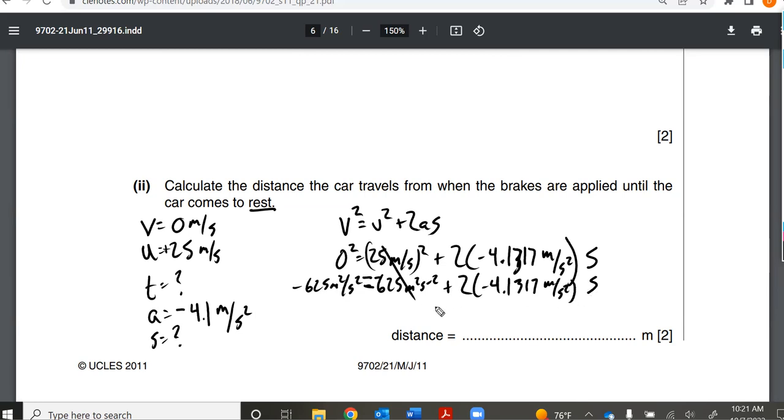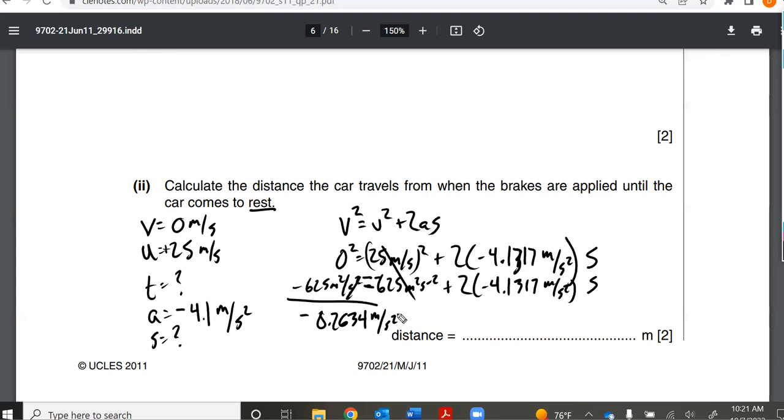Now I'm going to divide each side by this negative 8.2634. Note that the units here are meters per second squared.